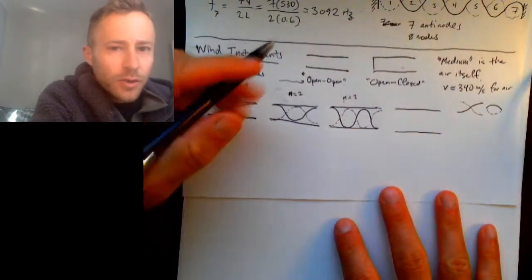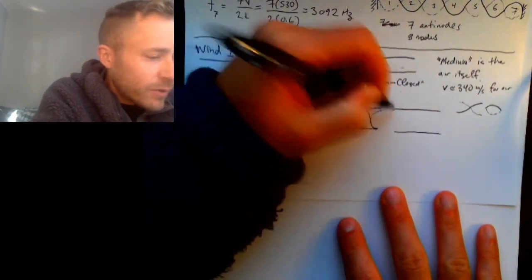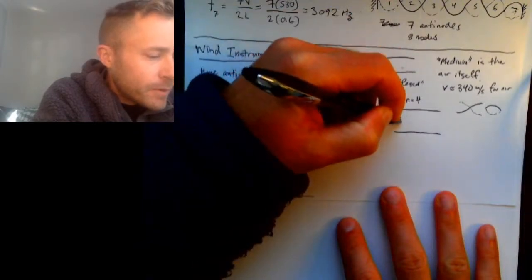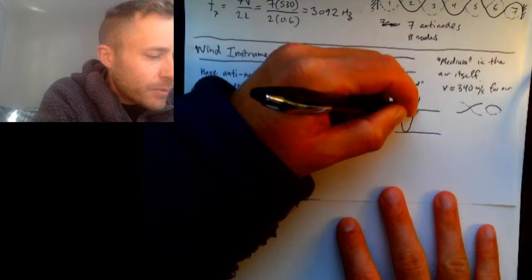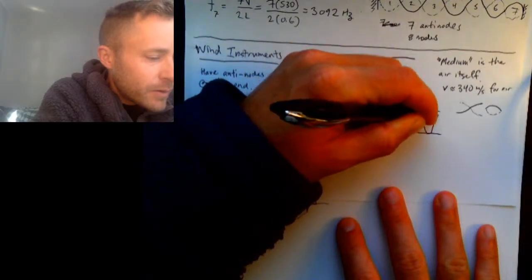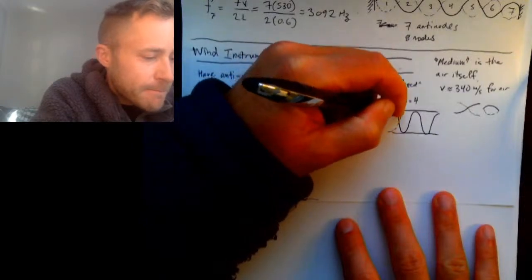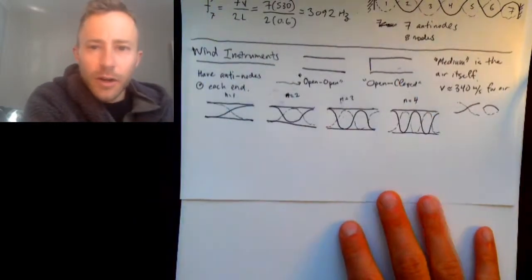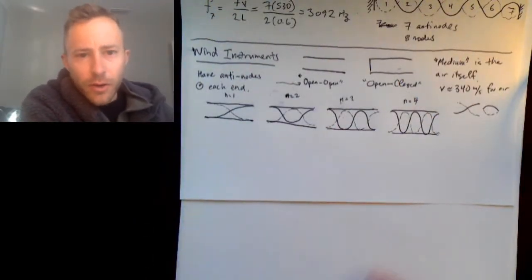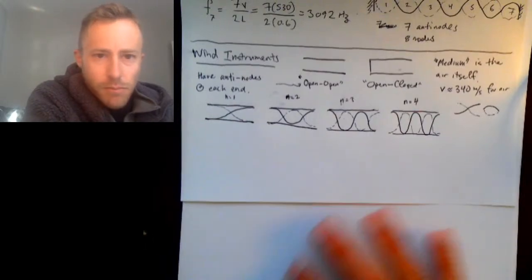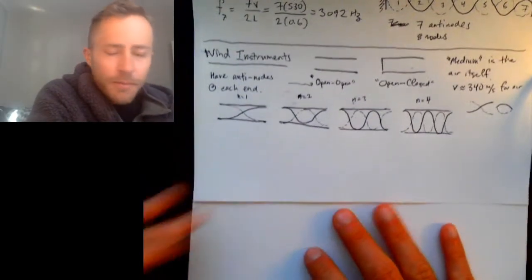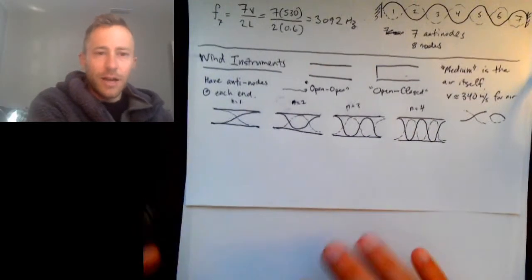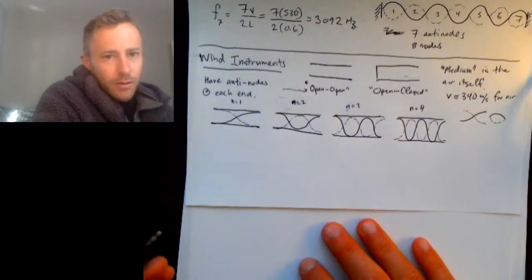Okay. So there's the fourth harmonic. So now I have three footballs in the middle. Okay, so there we go.